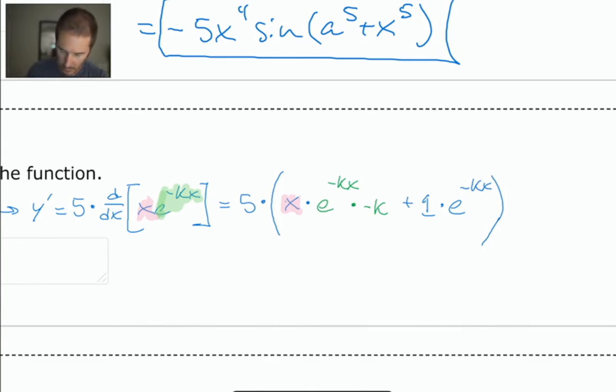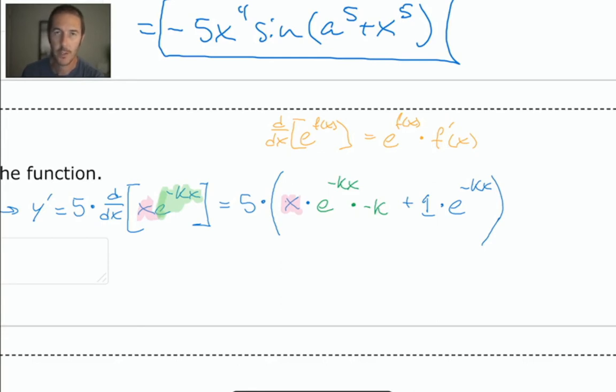Let me write it even this way. The derivative with respect to x of e to some power like f of x is equal to e to that power, f of x, but then the chain rule says we have to multiply by the derivative of the exponent.